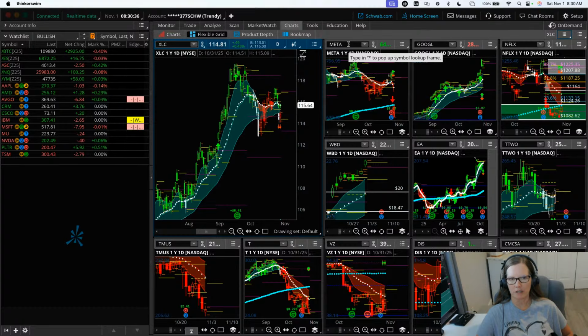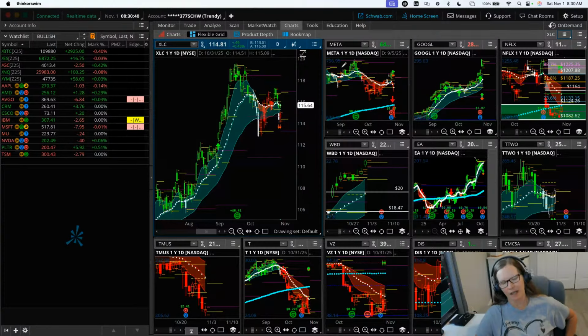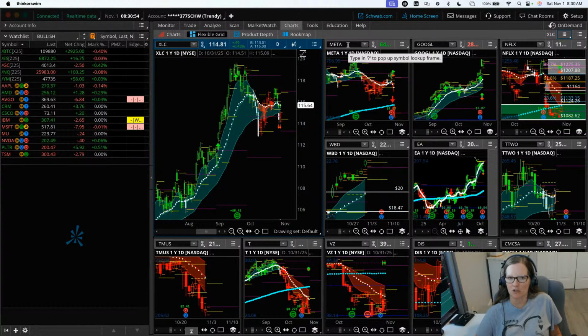Meta. Wow, what a drop this one has. If you're in the trendy room Monday at the last hour of the day, I'm doing a long term session for long term trades. And I am going to talk about a long term entry for Meta using the leveraged ETF METU.